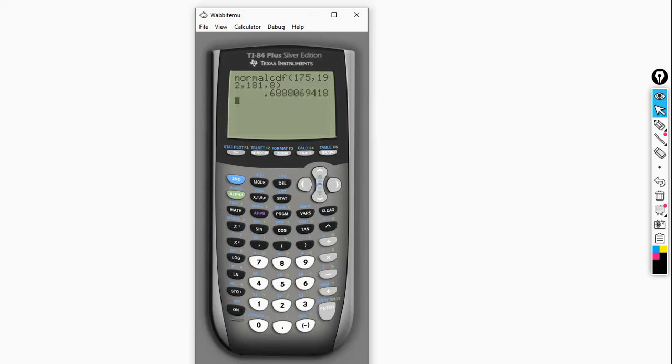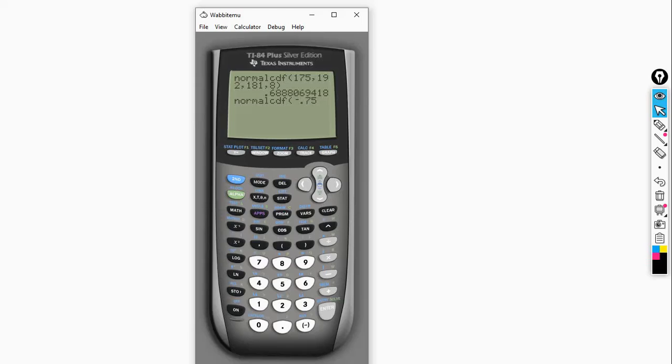Now I'm going to do the same thing, but using the standardization. So if we do that, it's the same function. We go back to distribution and number 2, the normal cumulative distribution function. So the z-score for the lower value was negative 0.75.